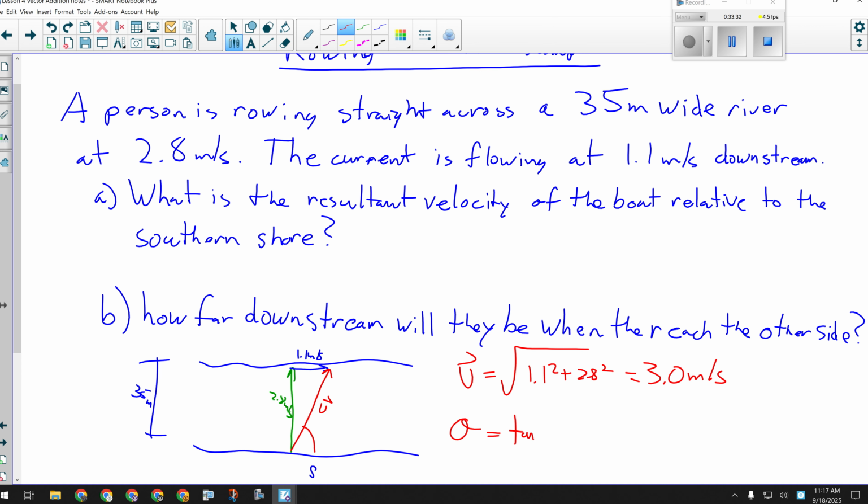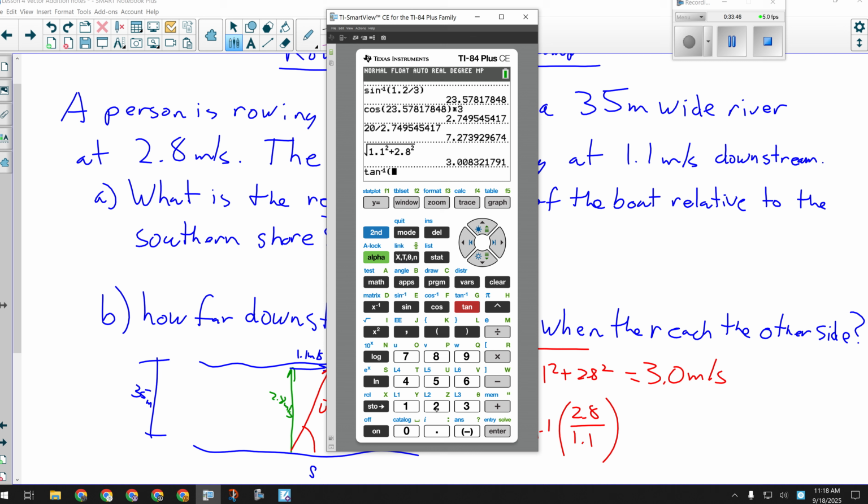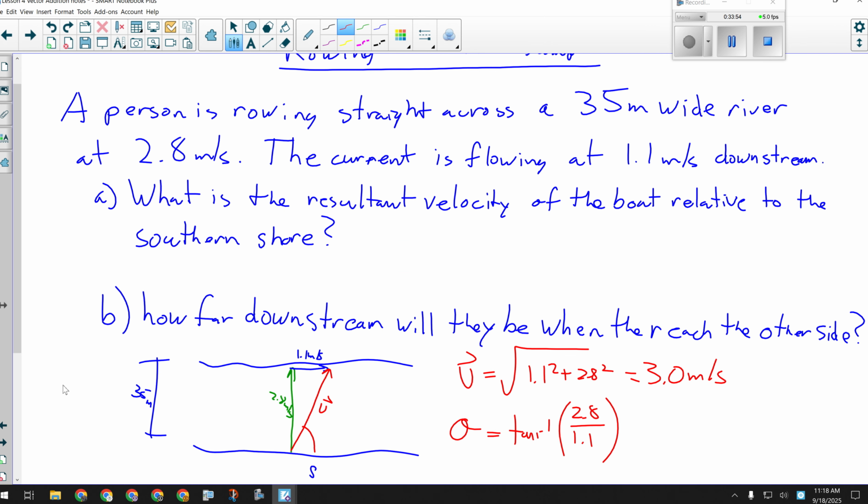For me, all I'm going to do is go tan to the minus 1, but I'm just going to flip this triangle so that the 1.1 is adjacent and the 2.8 is opposite, and that'll get me the angle I'm looking for. So 69 degrees, and that would be north of east here, as my resultant velocity vector from the southern shore.